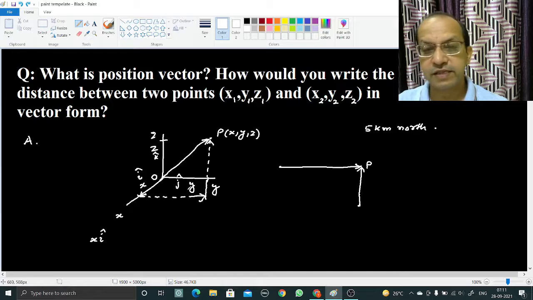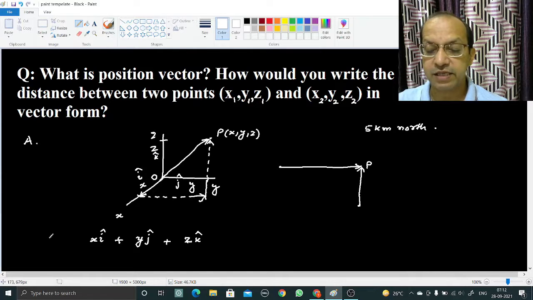If I move y distance along y-axis, the vector quantity will be y j cap. And if I move z distance along z-axis, the equivalent vector quantity will be z k cap. I move x distance in this direction, y distance in this direction, z distance in this direction, and adding up, I will reach point P.